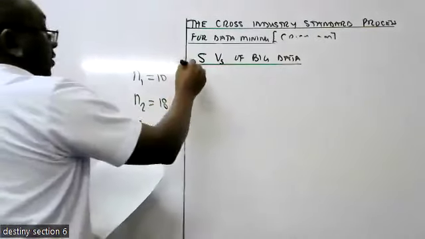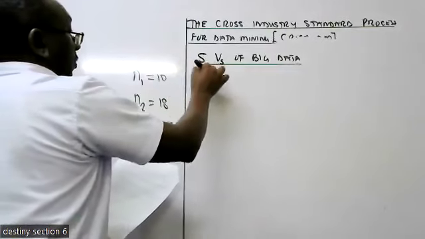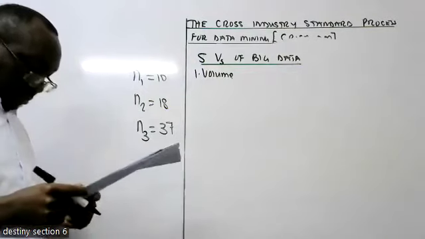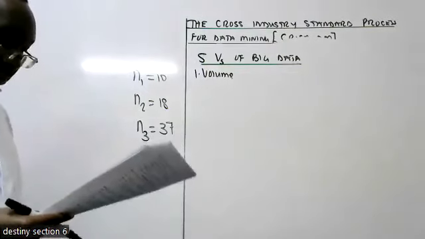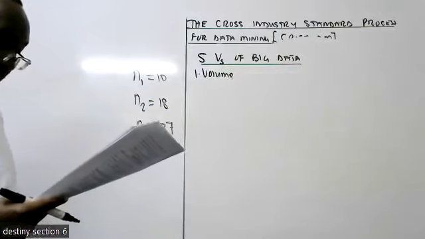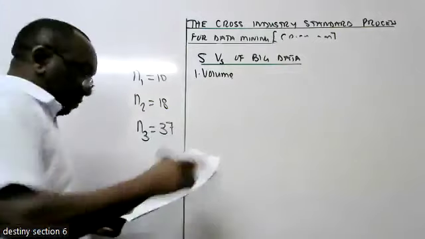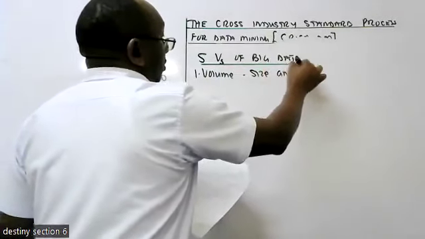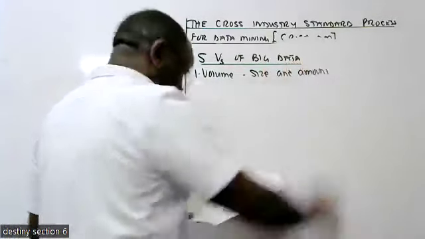Number 1 is volume. This is the size and amount.